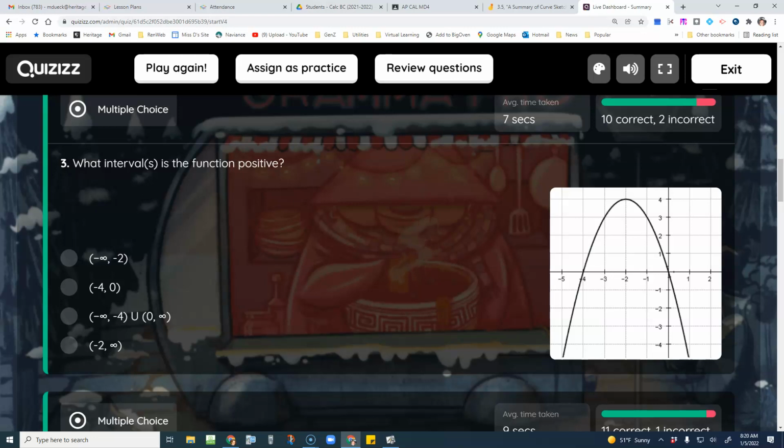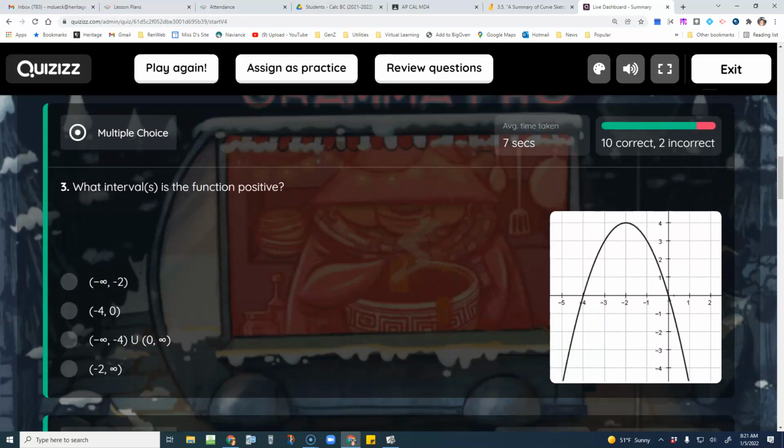But if the function itself, where is this positive? Where are the values? Not the slopes, but where are the values positive? What are we looking for? Positive y's, and positive y's, you're not in the ground, you're in the sky. You're above the what? X-axis. So where is it above the x-axis?